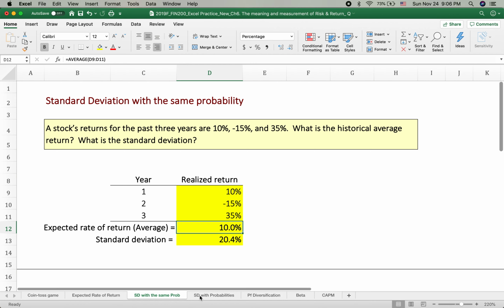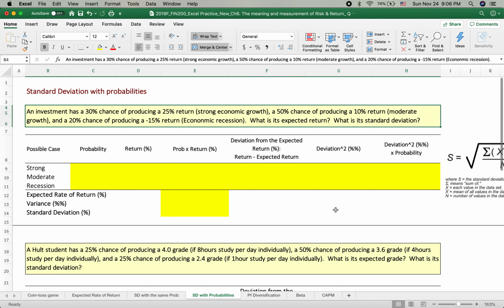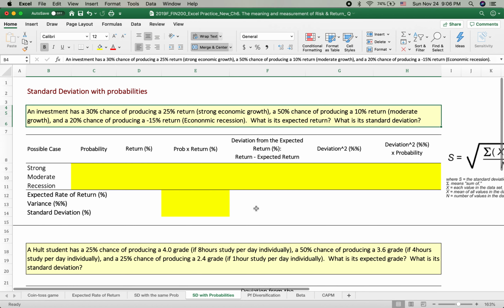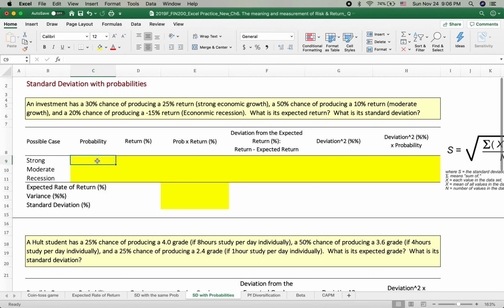Okay, then what if each case has a different probability? For example, an investment has a 30% chance of producing a 25% return in strong economic growth. So we have a probability of 0.3 and a return of 25%.